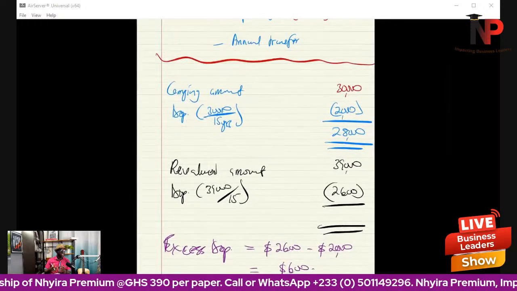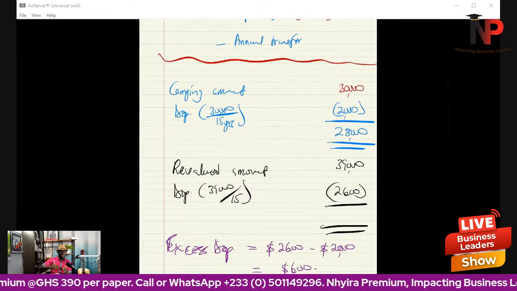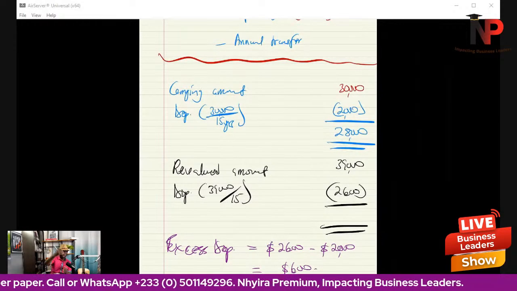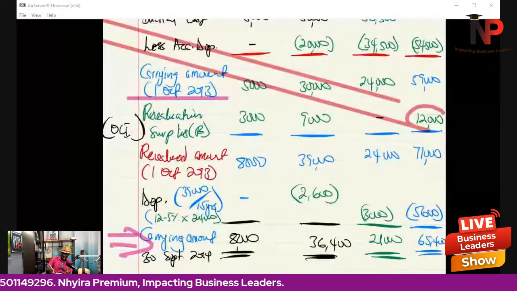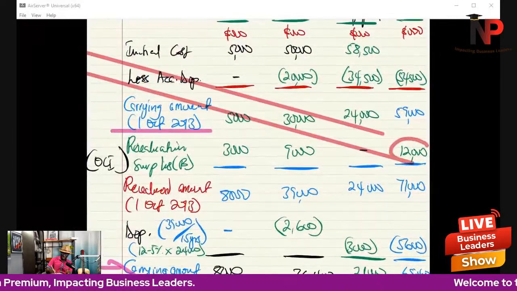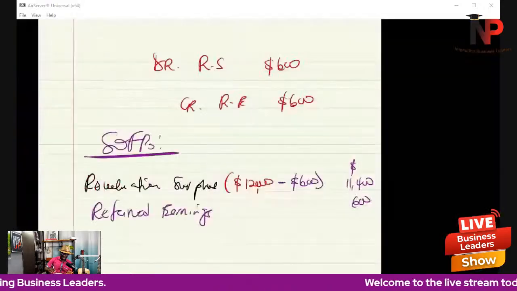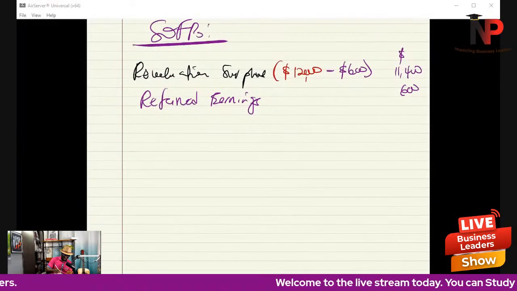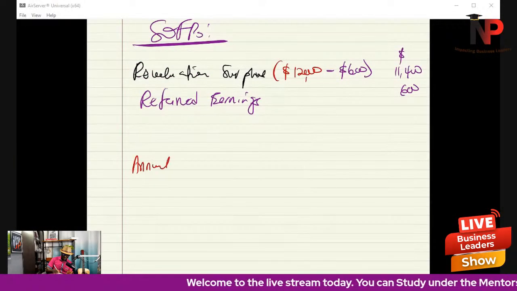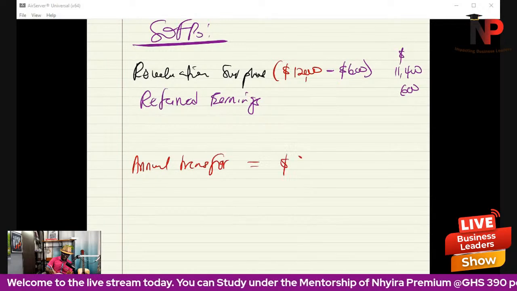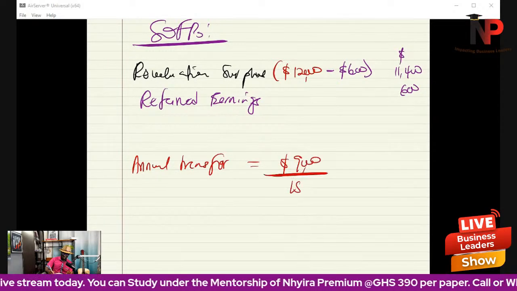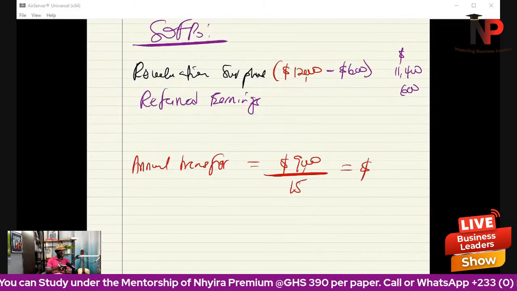Alternatively, instead of calculating the depreciation on the carrying amount and the depreciation on the revalued amount, all you could do is pick the revaluation surplus for the building, which is 9,000, and that will give you the transfer that you are supposed to get. So the annual transfer would just be 9,000 divided by 15, and that should give you 600.